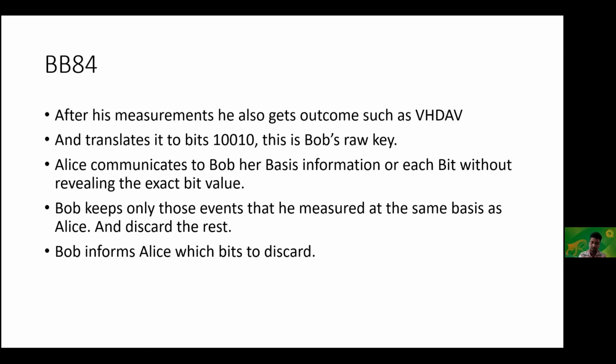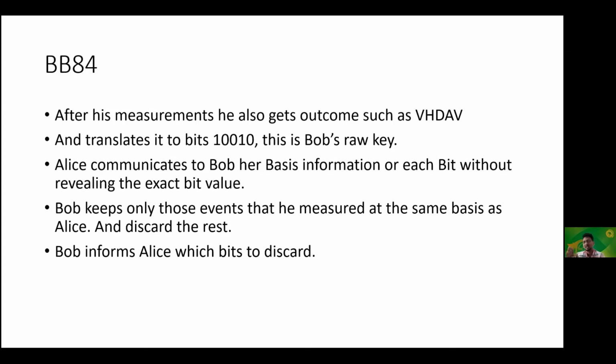Now Alice communicates her basis information to Bob. Alice has prepared each photon in either the HV or DA basis. She will not tell whether she sent H or V individually, but she will say, this photon I have prepared in one of H or V, and this photon I have prepared in one of D or A. She will send those messages to Bob, and from that, Bob will know when he has measured correctly.